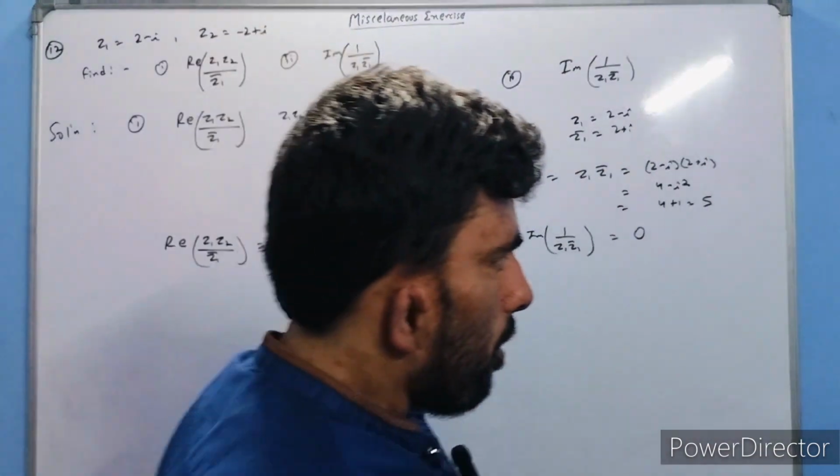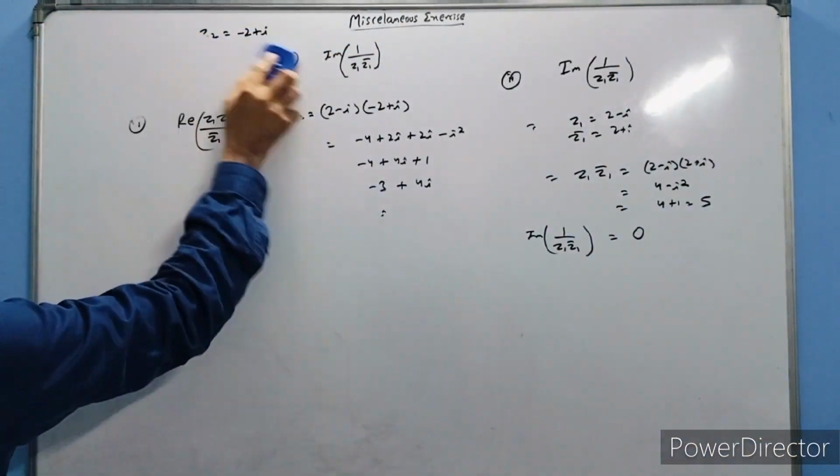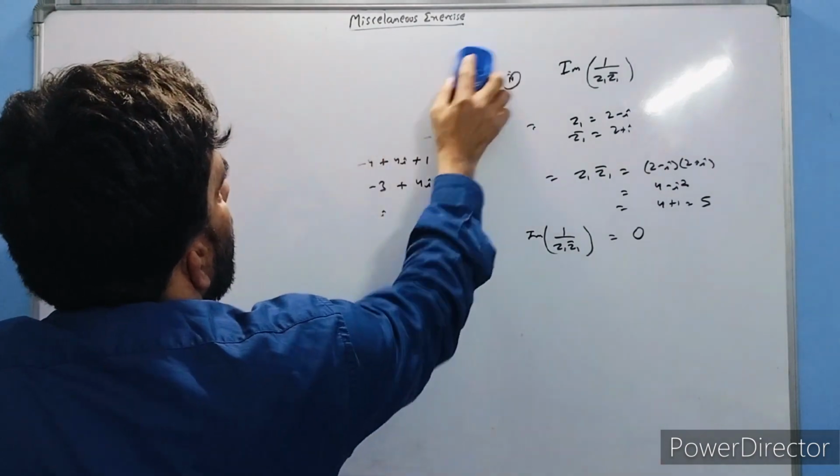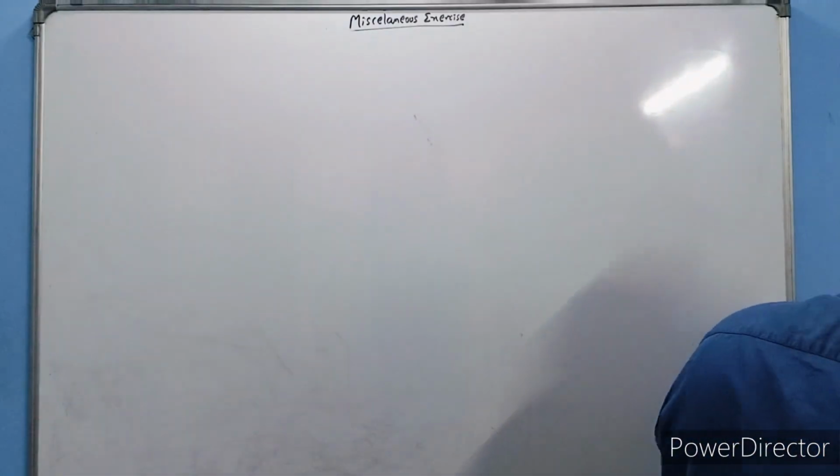Now let us try to solve the 13th question. We have just solved only 12. Now let us see how we will be able to solve the 13th. What does the 13th question say?